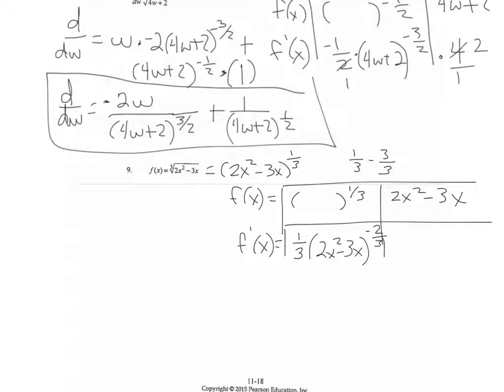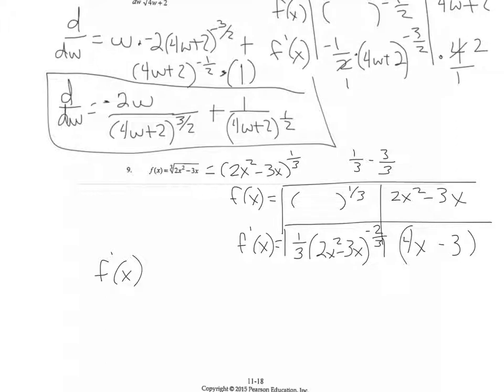But now I've got to go differentiate the second term. And 2x squared, when I take the derivative, will be 4x. Minus 3x, when I differentiate, turns into minus 3. So now all of this gets multiplied together to give us the derivative.